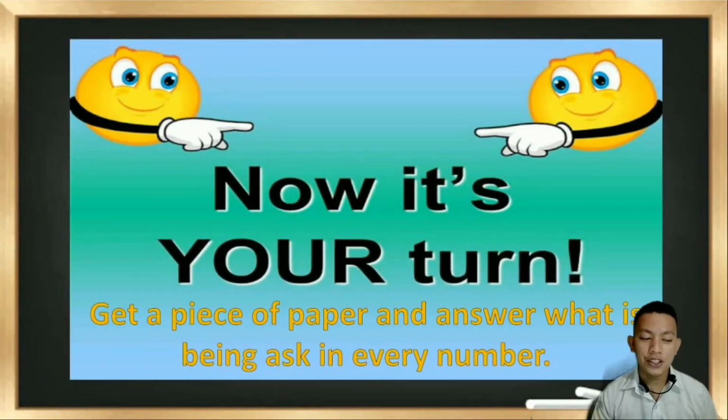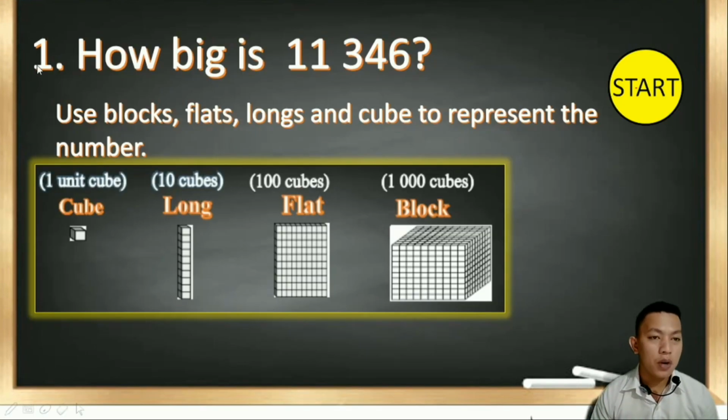Now it's your turn. Get a piece of paper and answer what is being asked in every number. Question number 1. How big is 11,346? Use blocks, flats, longs, and cube to represent the number. Your timer starts now.